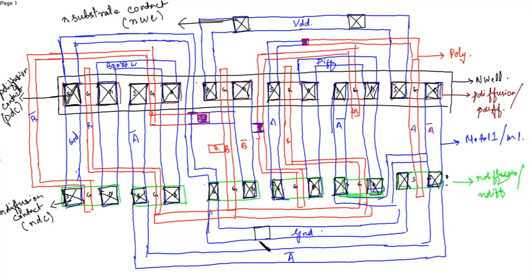Similarly, here in the ground you have to place the P substrate contact, or PWC contact. So this is the layout of a half subtractor that is drawn from the twisted schematic.